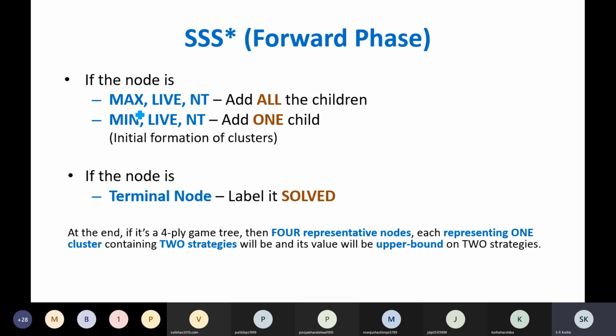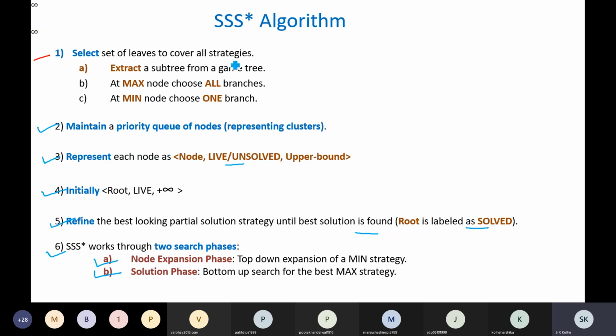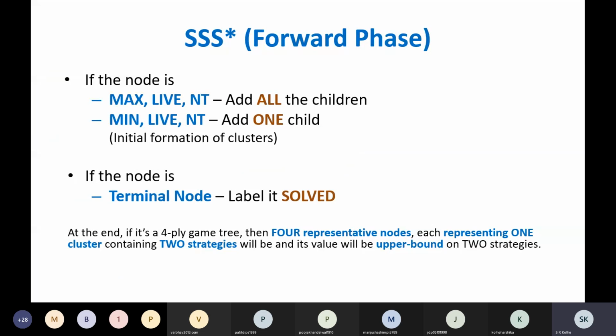As we have seen, there are two phases: node expansion phase and solution phase. In the node expansion phase, if the node is max, if it is live, and if it is non-terminal, NT means non-terminal node, then add all the children, as we have seen. If it's a min node, if it is live, and if it is non-terminal, add only one child.